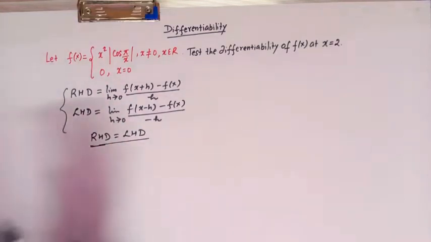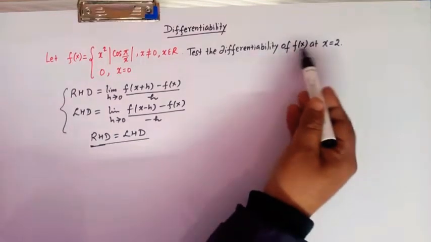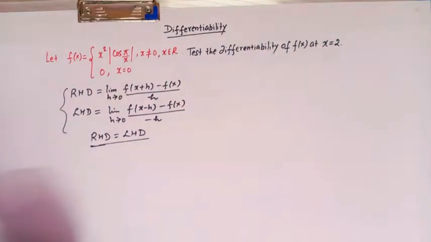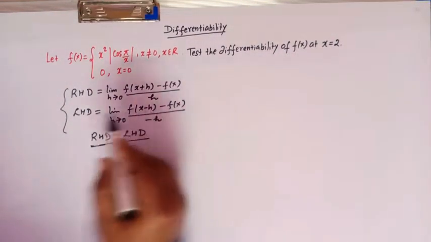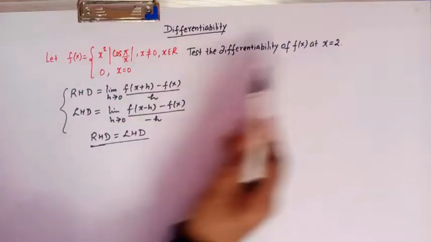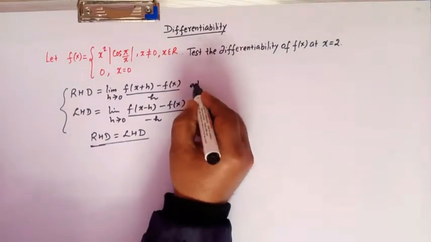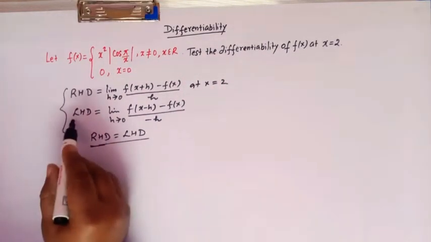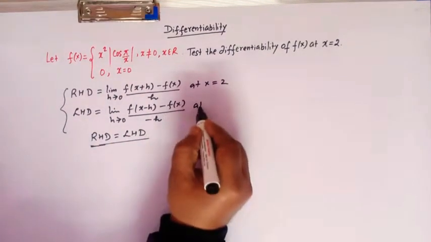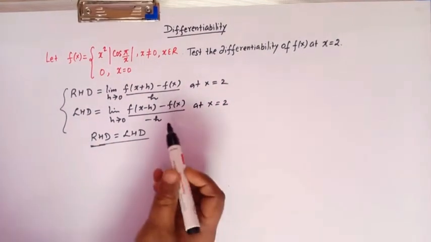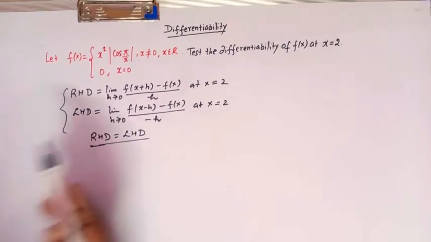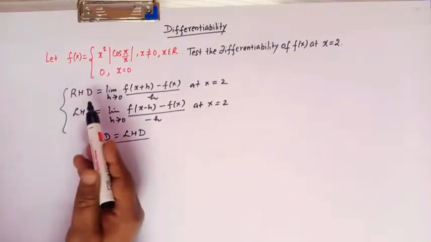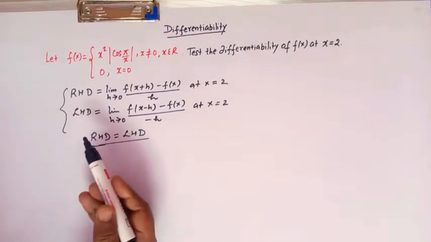So here we have to test the differentiability of this function at x equal to 2. So let us find the right hand derivative at x is equal to 2 and the left hand derivative at x is equal to 2, and let us see how we get the values of right hand derivative and left hand derivative, right?